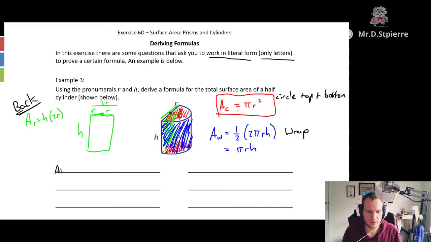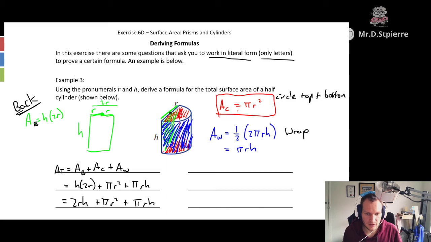So our area total was equal to the area of the rectangle, call that B for back, area of the back plus the area of the circle plus the area of the wrap. So in this case we got H by 2R plus pi R squared plus pi RH. What do we get? We get 2RH plus pi R squared plus pi RH.